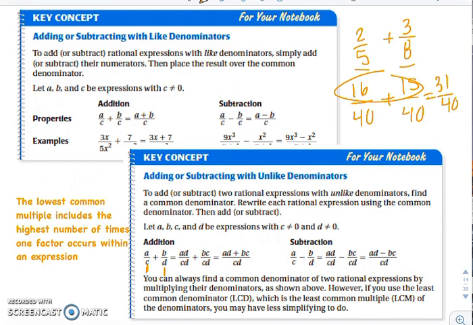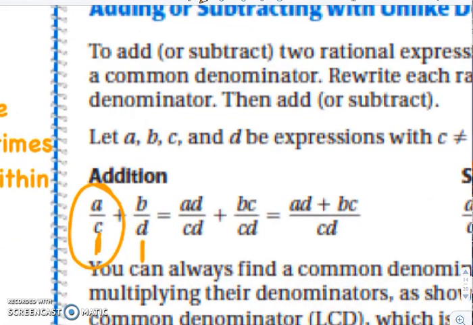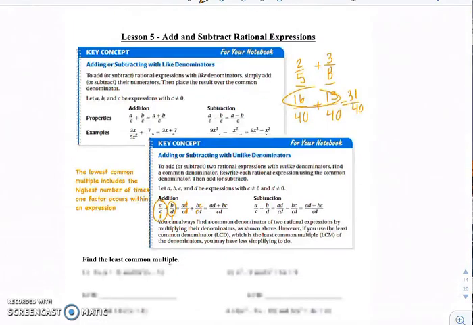So if the first fraction has the C but is missing a D, we would need to multiply it by that value that it's missing. And vice versa, the second one has the D but is missing the C, so that's what we need to multiply by to get the common denominator for both of them.